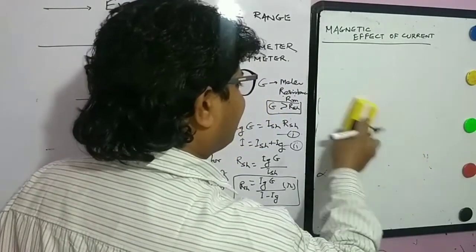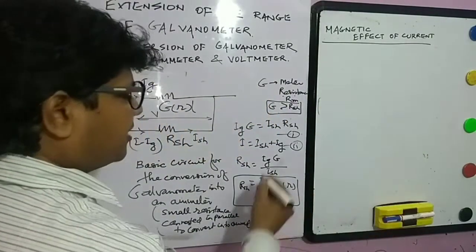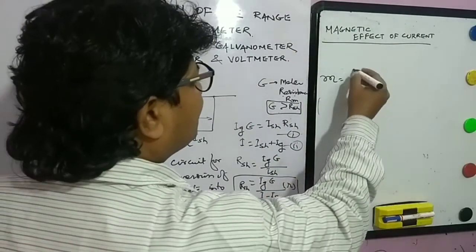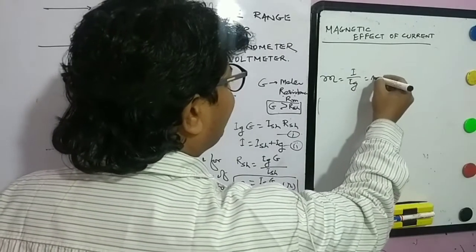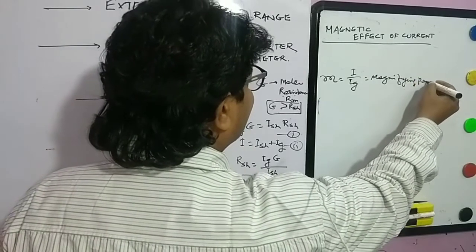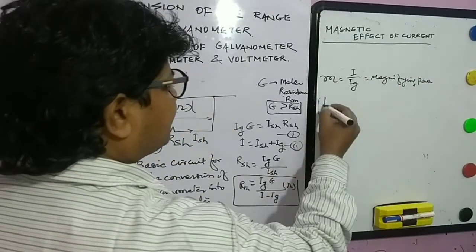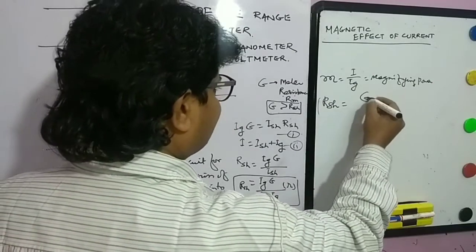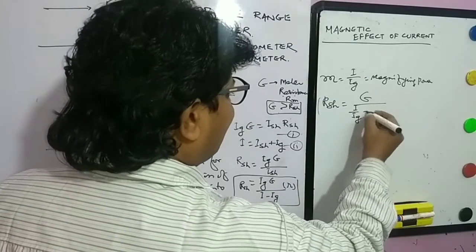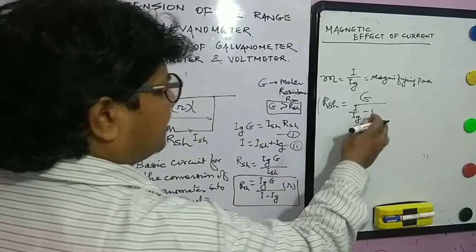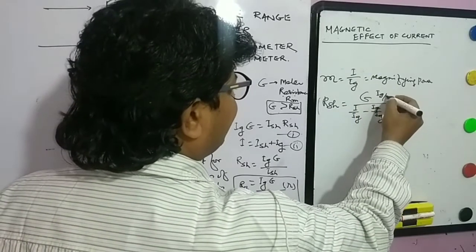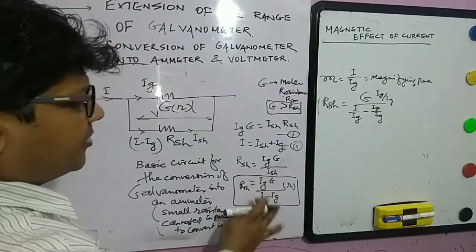One more thing we can write here: there is a term called multiplying power, or magnifying power. M is equal to I by Ig, and this is called magnifying power. So RSH will be equal to G divided by (I by Ig minus 1), dividing numerator and denominator by Ig.